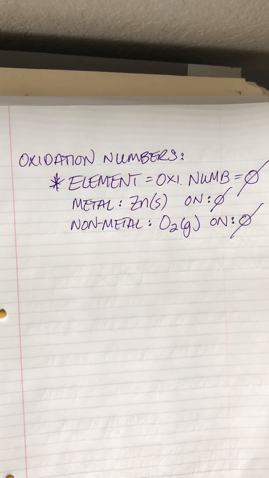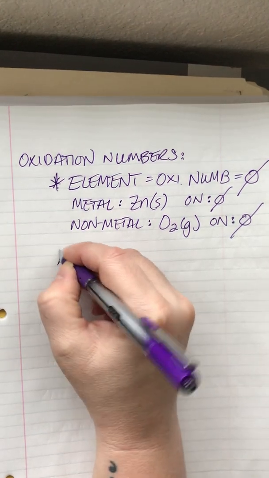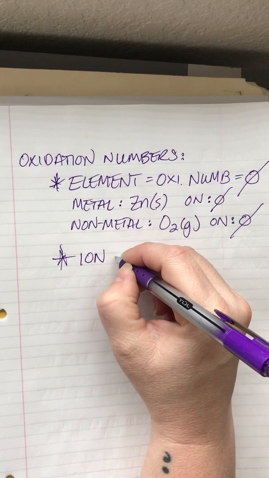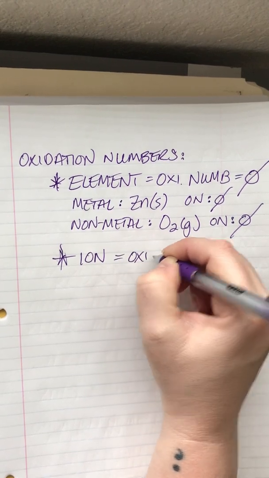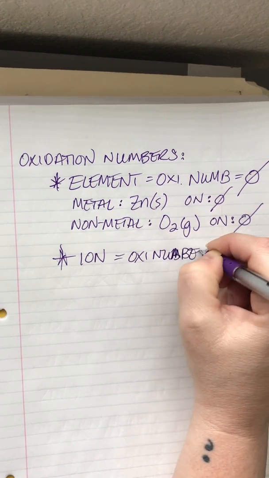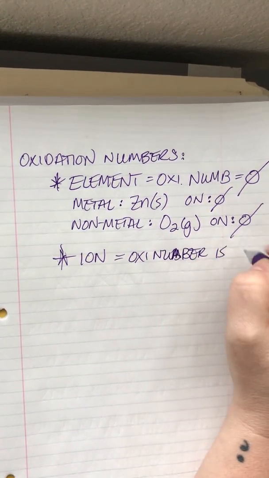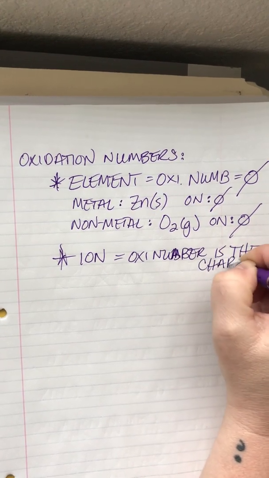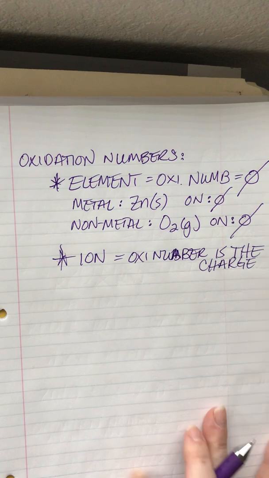Cool. So the other one that we'll talk about is if you have an ion, the oxidation number is the charge. Right?